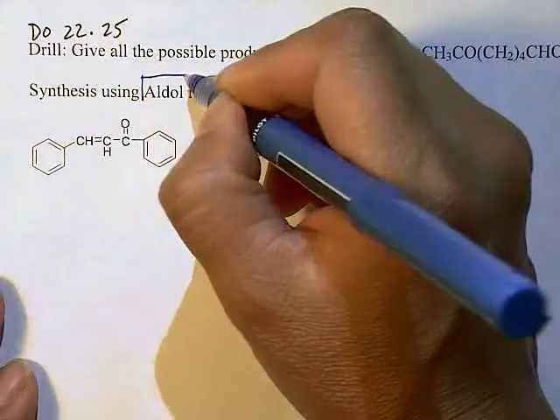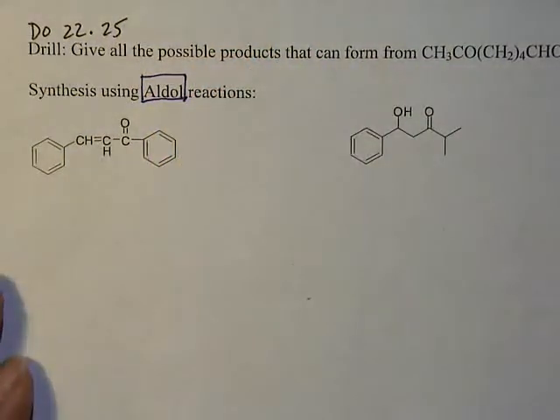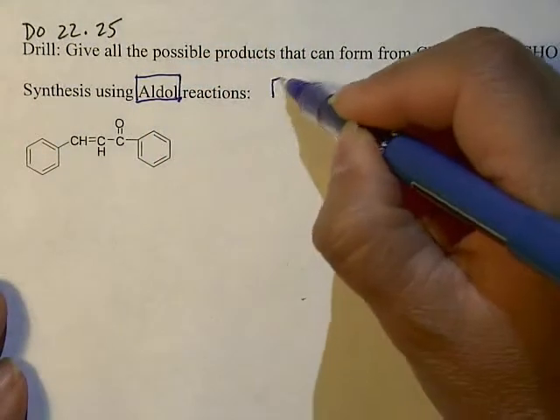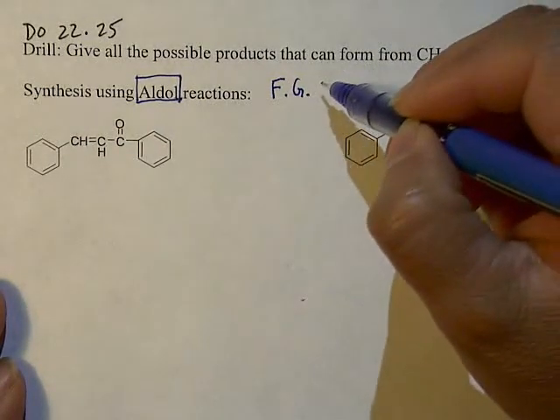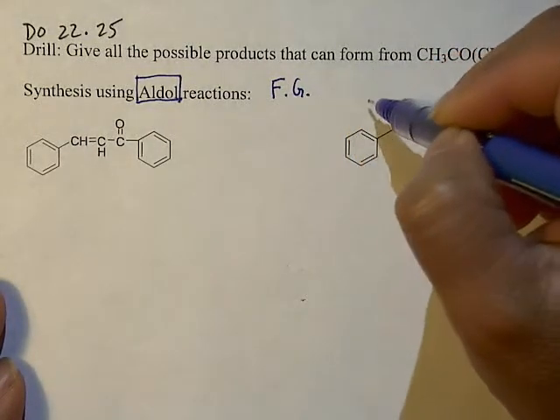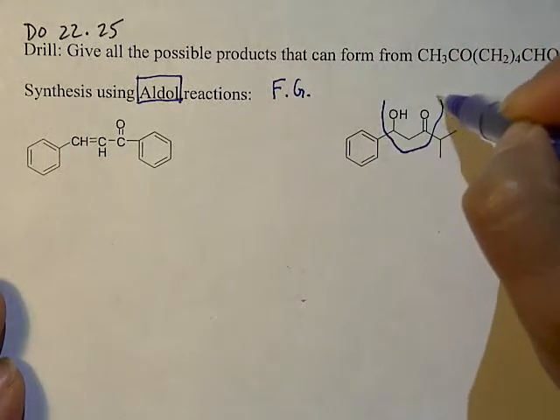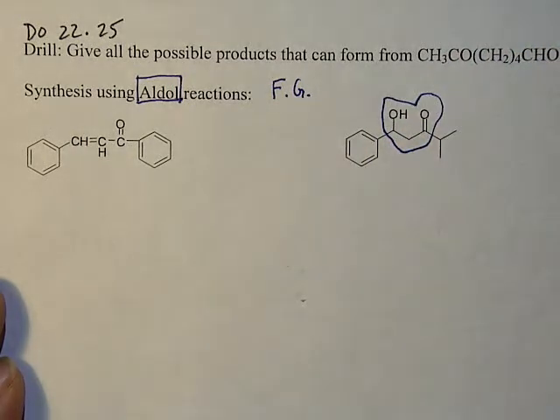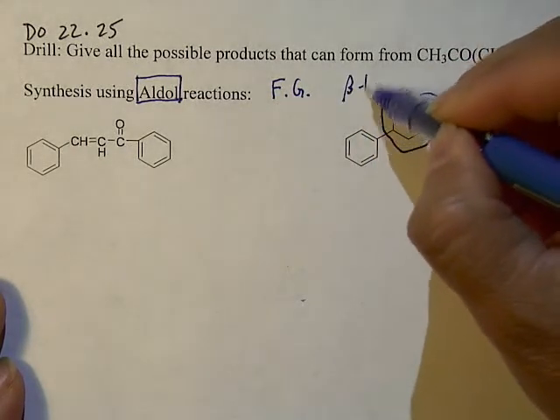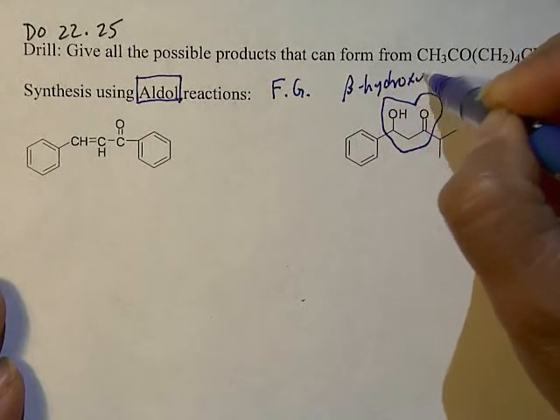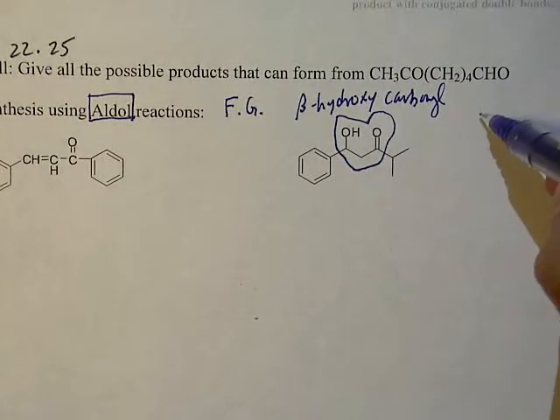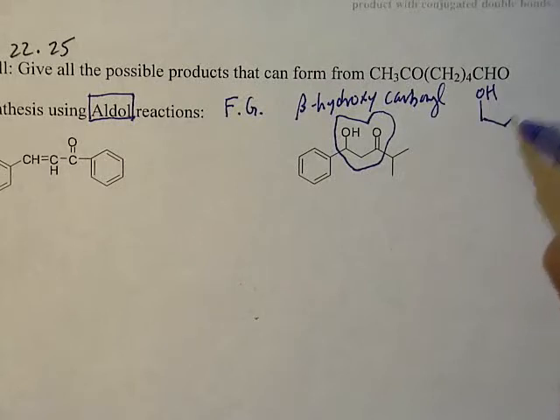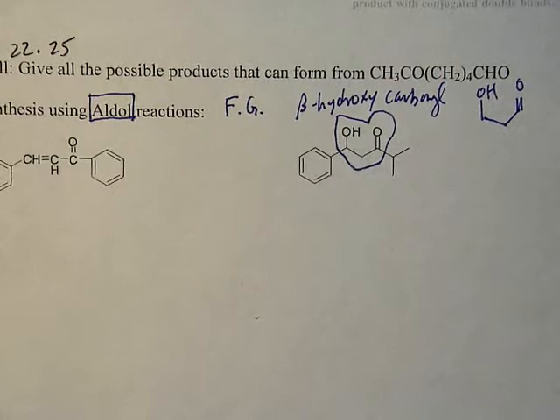So in using aldol, the functional group that you're looking for is the beta hydroxy carbonyl. So that functional group there. So anytime you see this in your product, think aldol.